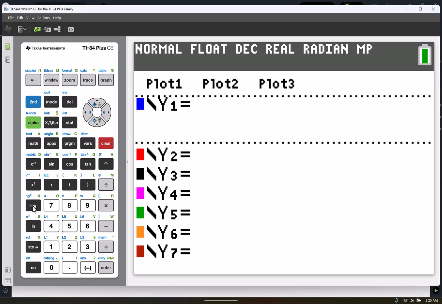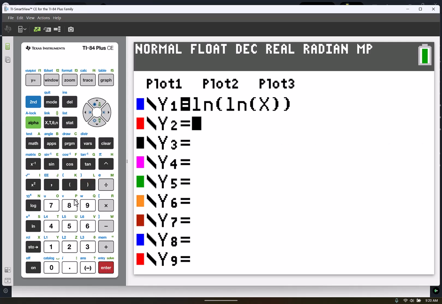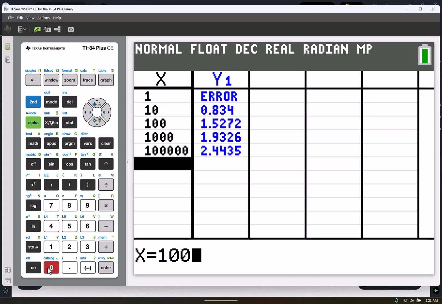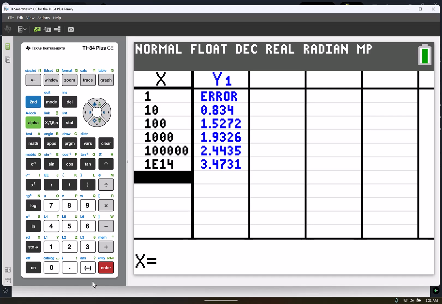No big deal. Look, ln, and then inside of that, I'm going to type ln of x, and it's going to grow, but just very, very slow, super slow. Look how slow it's growing. 0.8, 1.52, 1.93, 2.44. Let's put a whole bunch of zeros here. It's still growing, just really slowly.